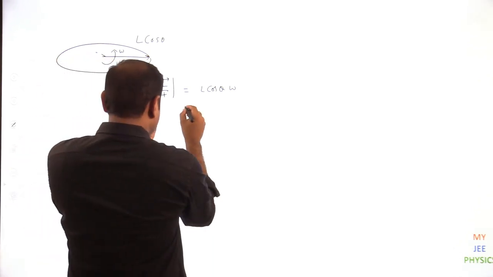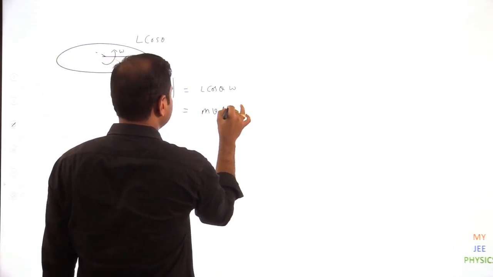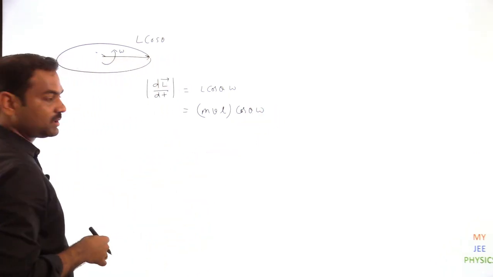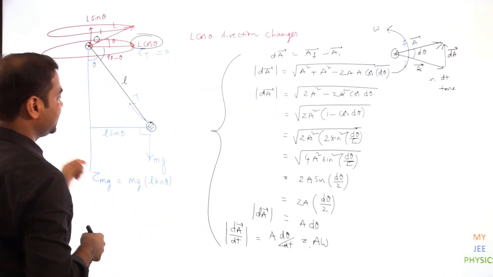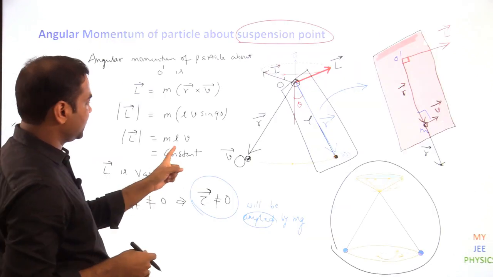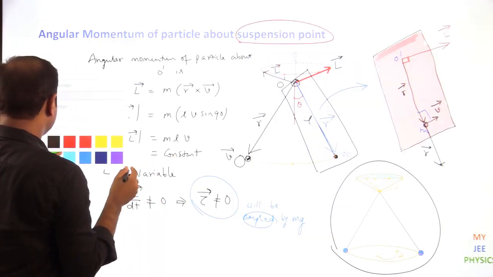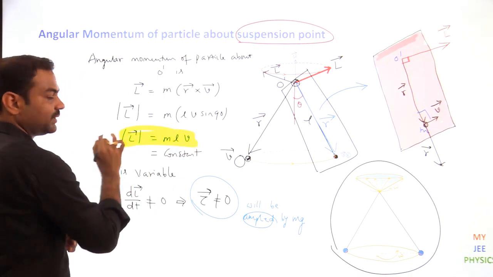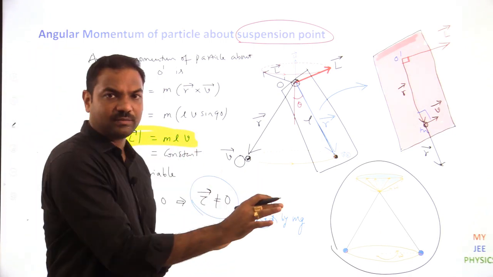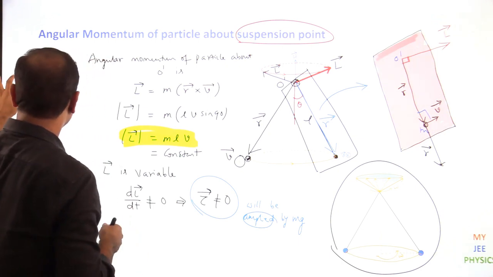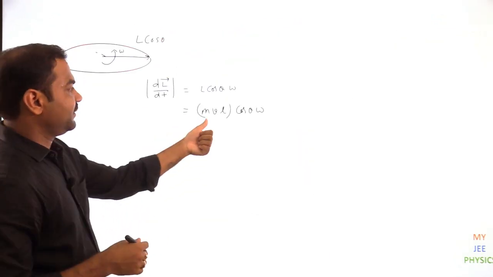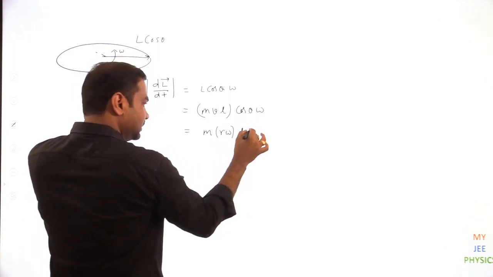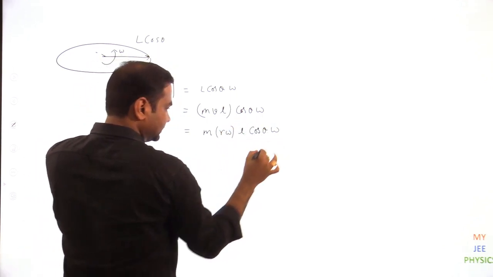Okay. Then the L value we know is MVL. This also we have done, into cos theta omega. So you can see it here, MVL. I'm highlighting it. This is the angular momentum we got about the O dash point. See, we are solving completely about the O dash point only here. So that's MVL, which is M into R omega, multiplied with L cos theta into omega again.